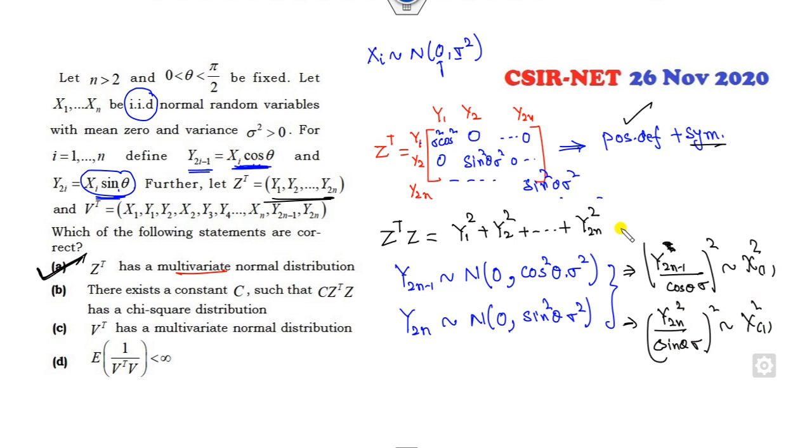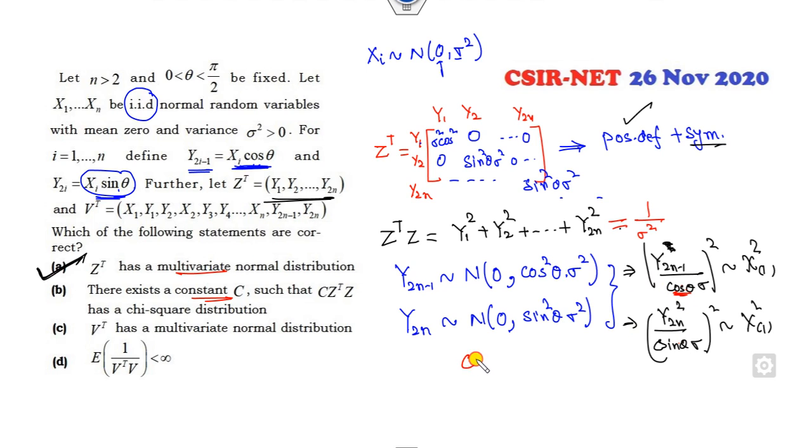Now you can add them. If you add them, what is that? It is 1 over sigma square as common, cos square plus sine square. There exists a C, where C is a constant. Can you find when it will be constant?